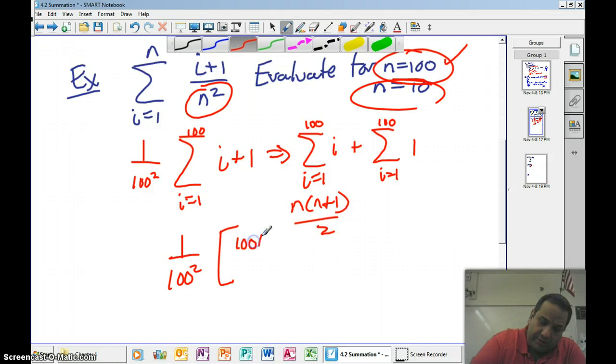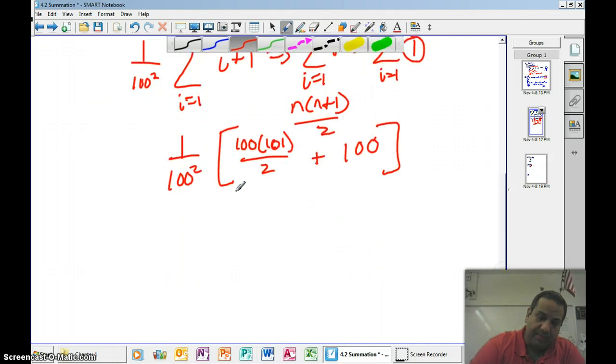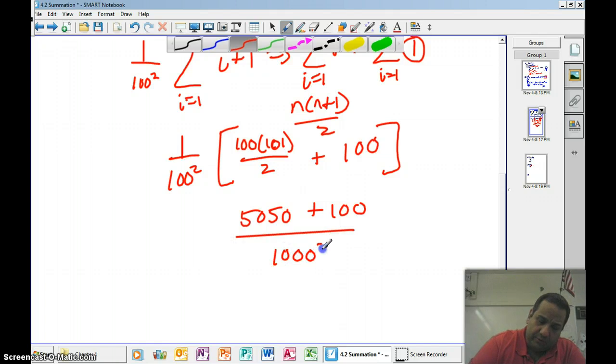So that's 100 times 101. Wow. I said 101 and I wrote 100. That's why I'm saying wow. 101 divided by 2. So that's actually 50 times 101, plus the constant times n from that first rule, and that's 100. So we get 50 times 101 plus 100, divided by 100 squared. And I say 100 squared, and guess what I put? 1,000.